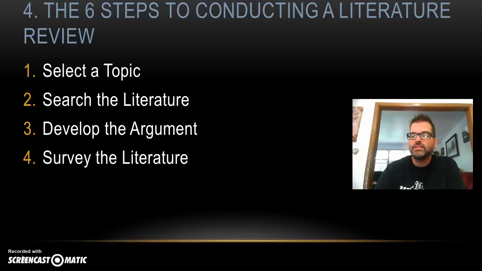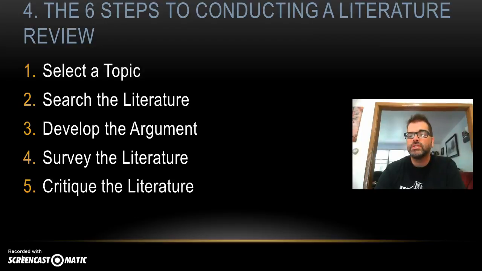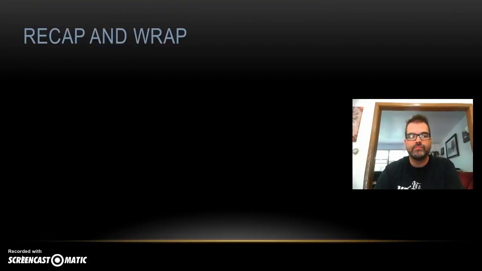Then you'll go back to the literature and survey what the literature has to say supporting or negating your argument. Then you will critique the literature. So the literature that's provided is often obvious as to what it's saying regarding your argument. So you'll have to critique whether it's of value to you or not. And then finally, you'll write the literature review.